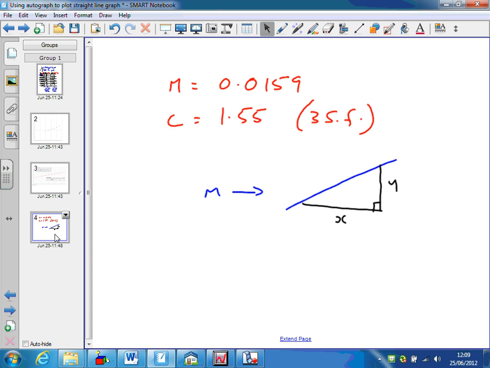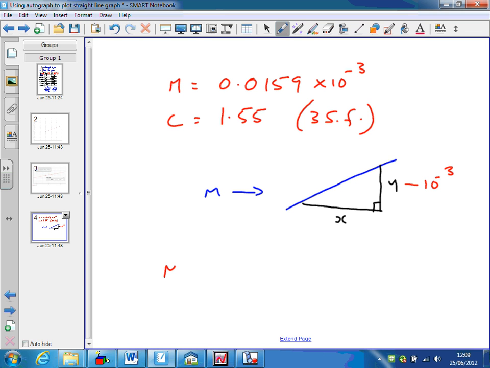So I need to take that into account. This is times 10 to the minus 3. So if I divide Y by X, Y is 1,000 times smaller, so that means the gradient's going to be 1,000 times smaller. So this value here should be times 10 to the minus 3.